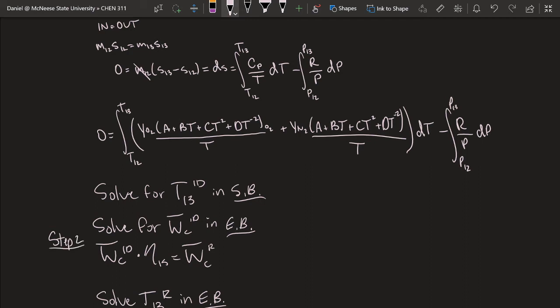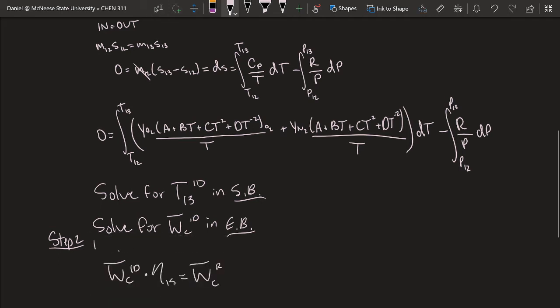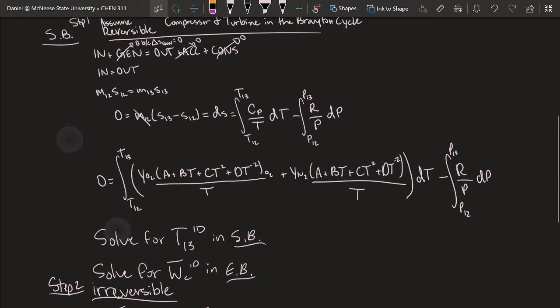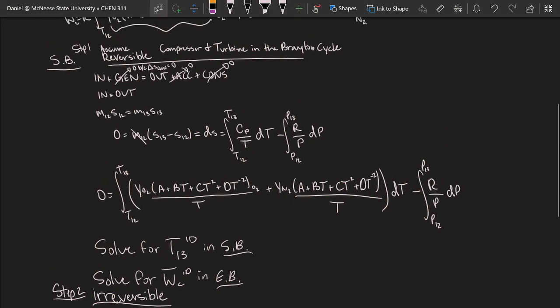Step 2, and it's now irreversible. Apologies for that confusion about assuming reversible at the beginning.